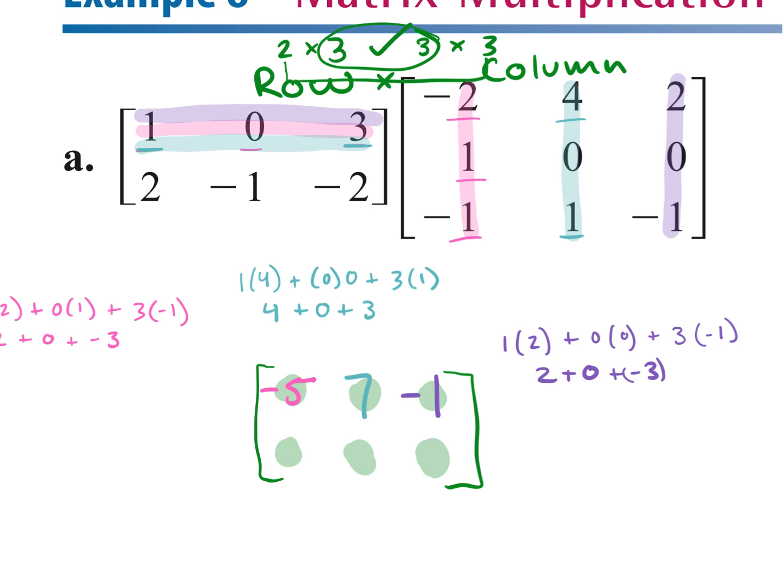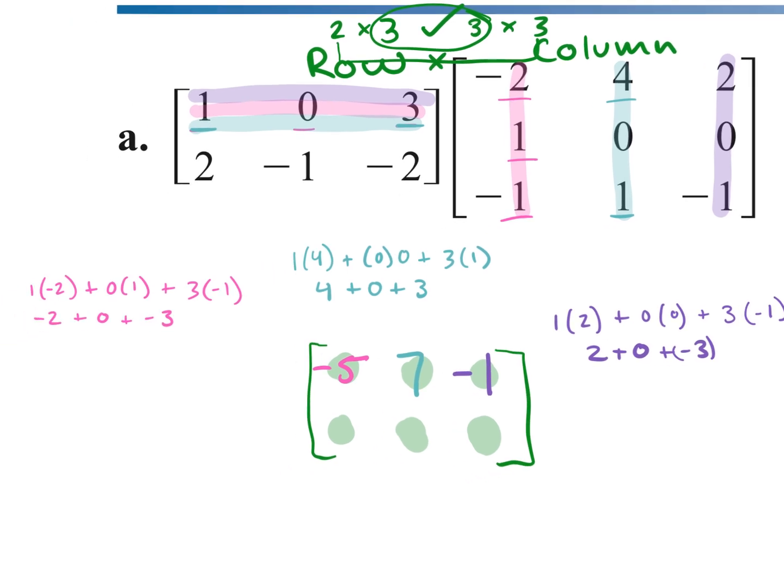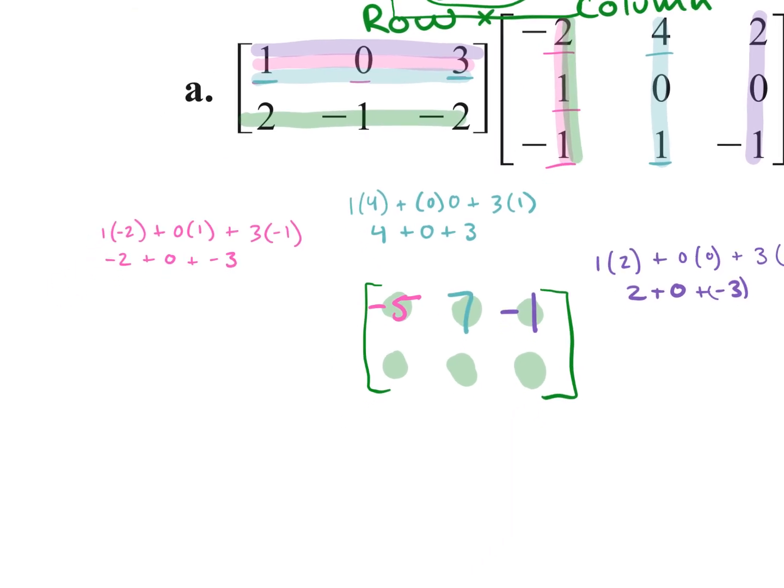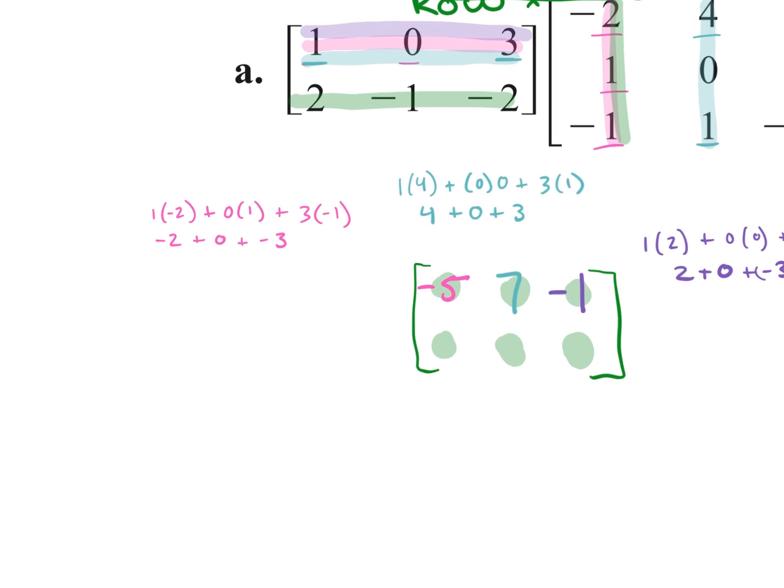Now let's move on to the second row. So second row, first column. Second row, first column. We've got 2 times negative 2. What do I multiply next? Awesome. Negative 1 times 1.